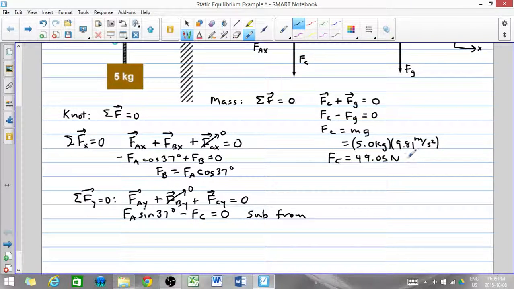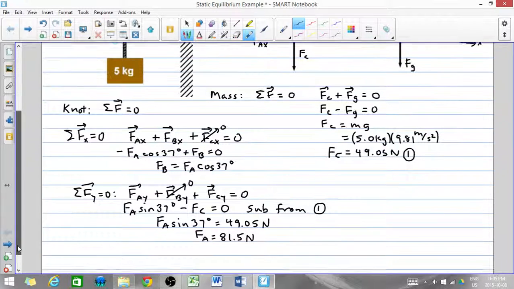Here, if we call that line 1, and we substitute for FC, then FA sine 37 degrees is equal to 49.05 newtons. And you can solve that. That's going to give you FA is 81.5 newtons.